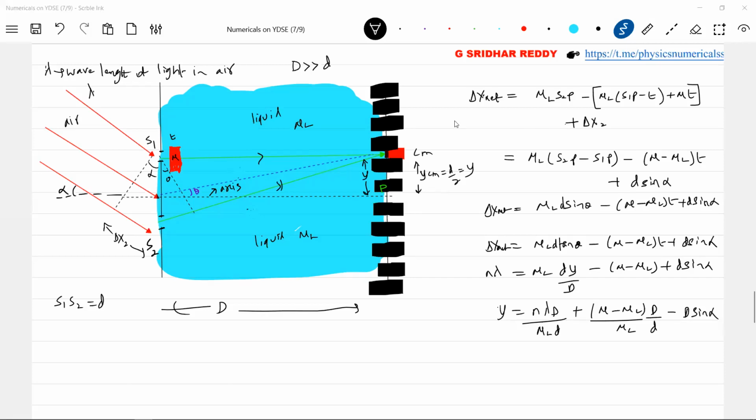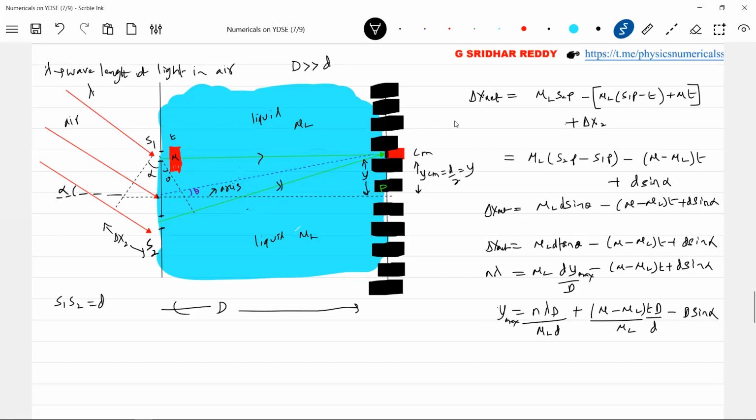T is not there here. Okay, so we are searching for the position of maxima. Let it be y max.